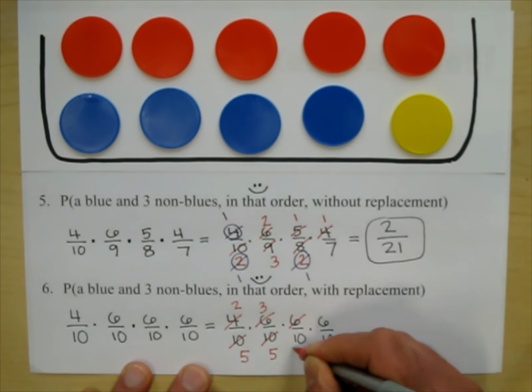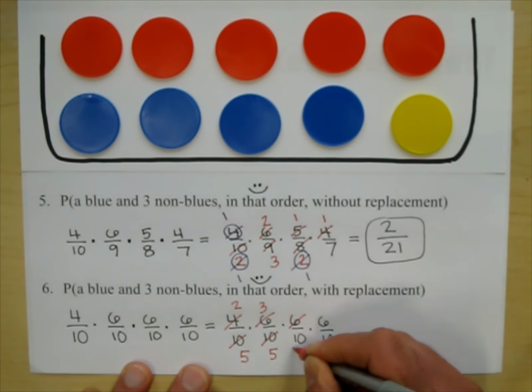Number 11. So what's the probability you pull out 2 blues with replacement? Okay, I'm going to do the in that order approach. In fact, the not necessarily in that order with replacement, I already told you that we're not covering that in this class, but both would yield the same answer. So let's see what I get when I do this. What's the probability I pull a blue out of that box? 4 out of 10.